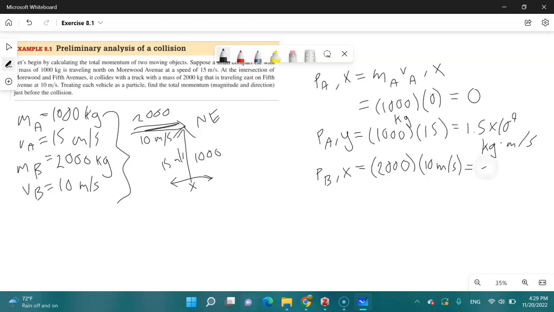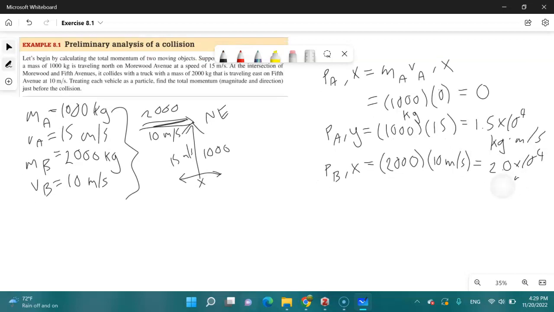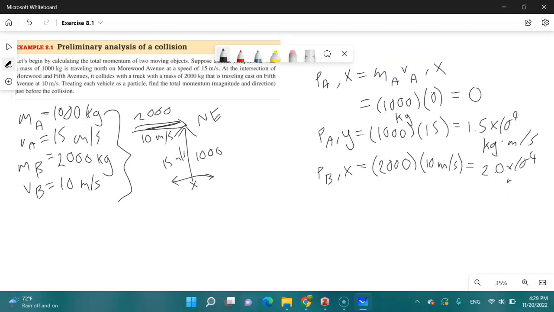So we're going to end up with 2.0 times 10 to the 4th kilograms times meters per second. And then for the y direction for the truck, we know that it's going to end the same as what we got over here. We're going to end up with 0 again because it's not moving anywhere in the y direction, as you can see.